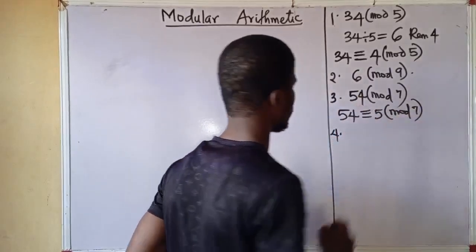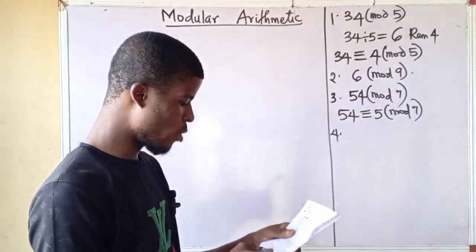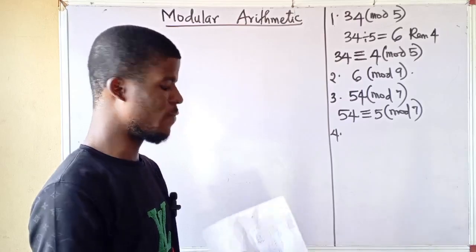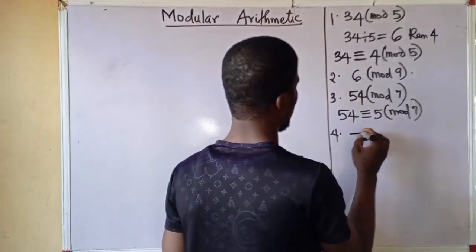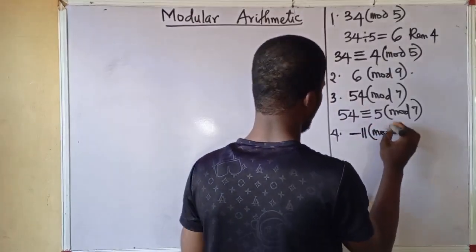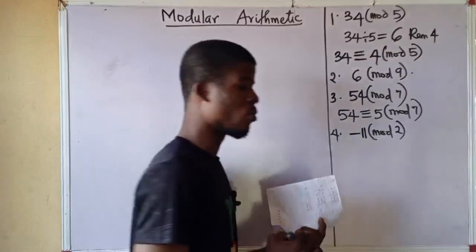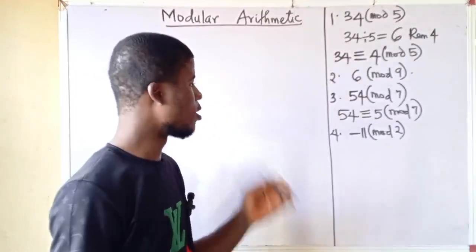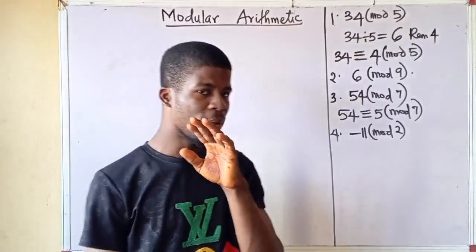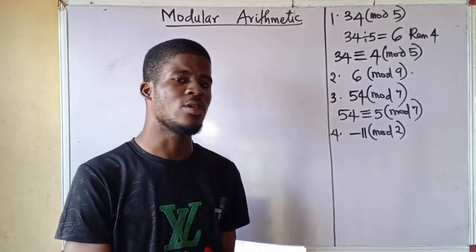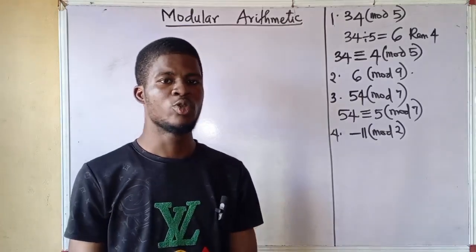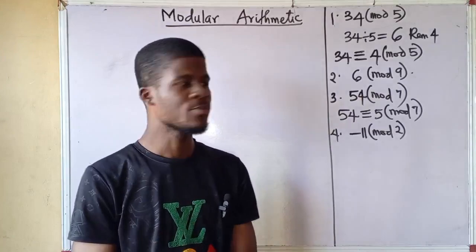All right, let's do something different now. How do we evaluate negative numbers in a modulo? Let's say we want to evaluate minus 11 modulo 2. It's quite easy, okay? See what we do. By standard, the values in a modulo should be less than the modulus.